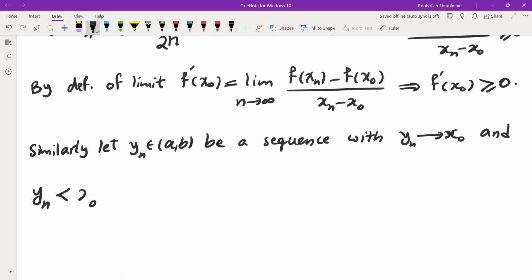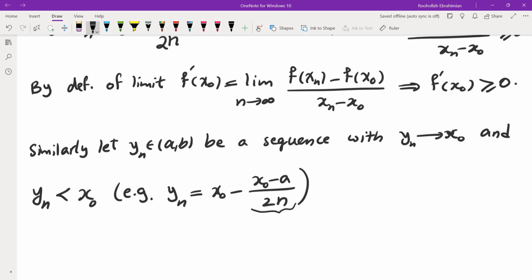For example, you can take yn to be x naught minus (x naught minus a) over 2n. This is clearly less than x naught because x naught is more than a, and it also is more than a because this is less than x naught minus a.